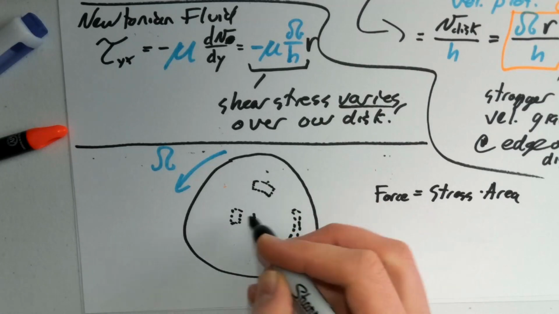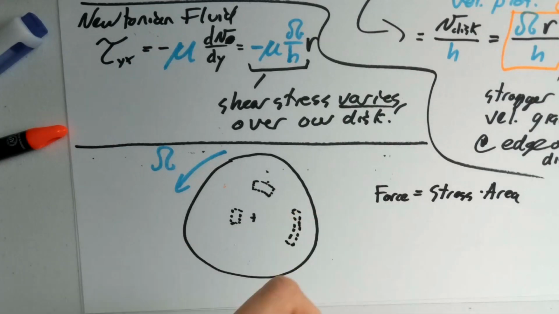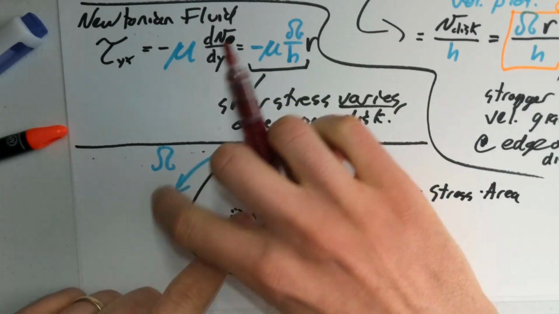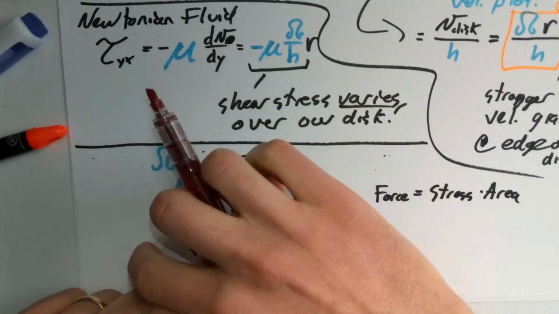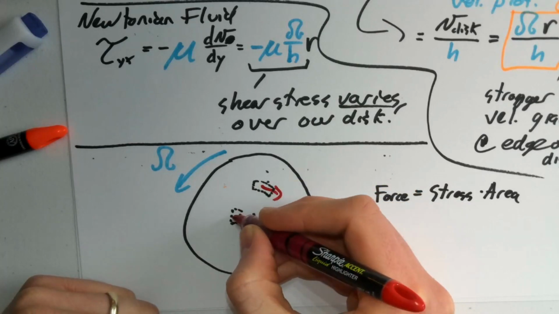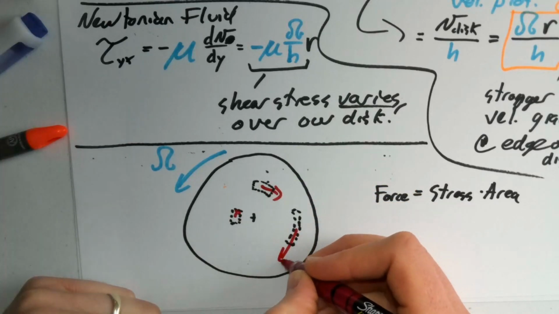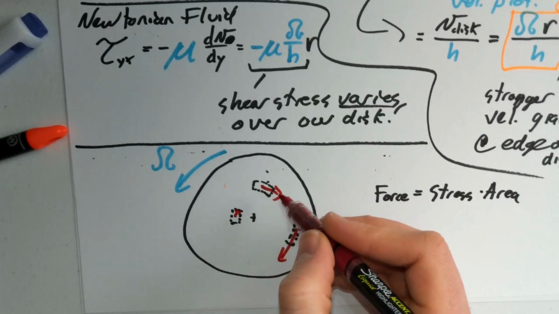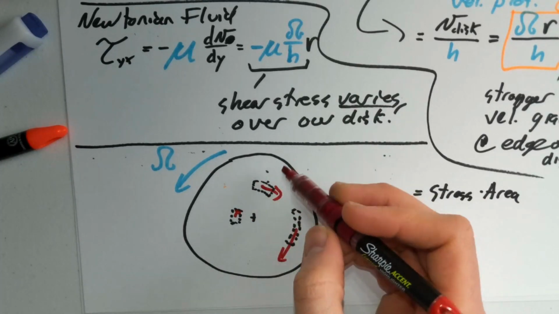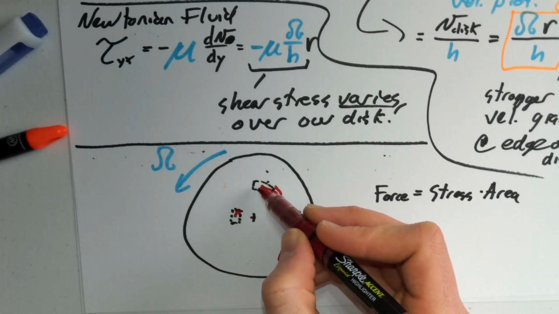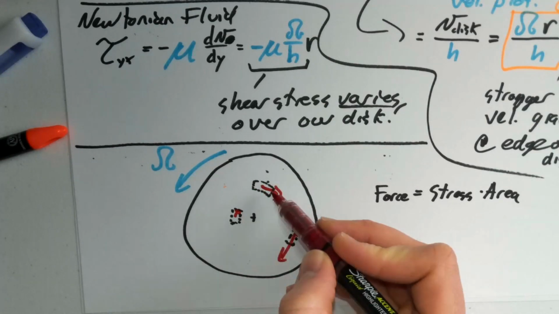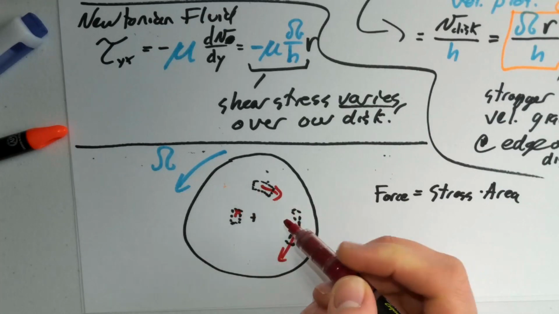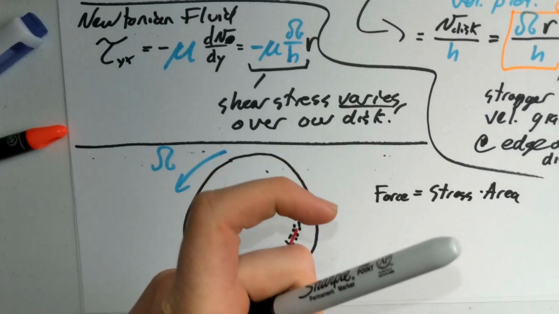I could break up this disk into a bunch of little chunks, and notice that if the motion of the disk is going this way, the shear stress is acting on all of these little points. So I could basically say, hey, shear stress is acting on all of these little areas, and if I make these areas infinitesimally small, then I can square things away.